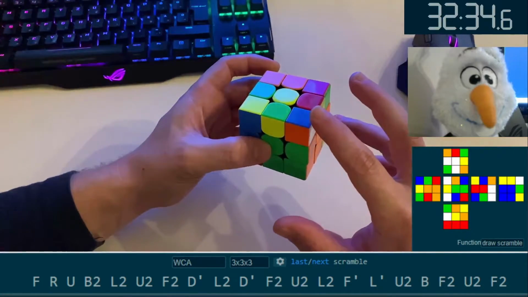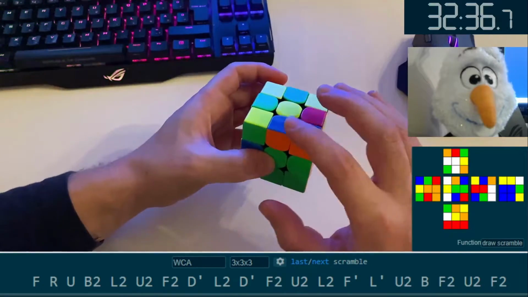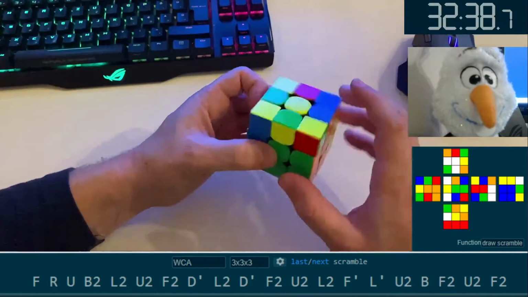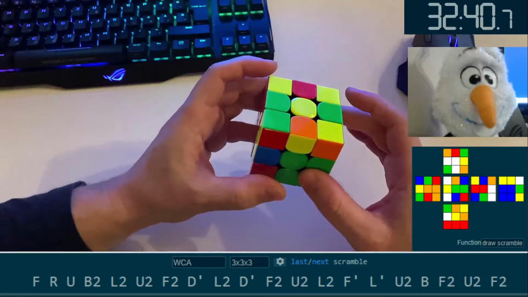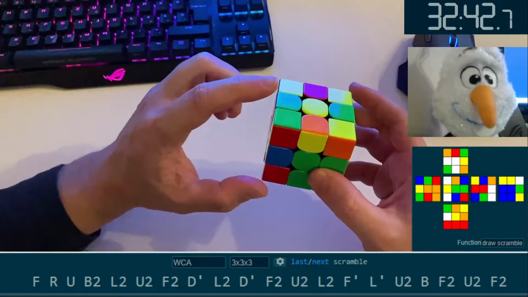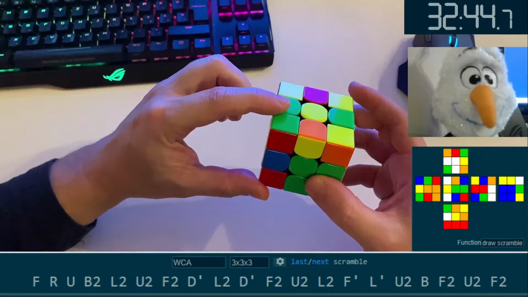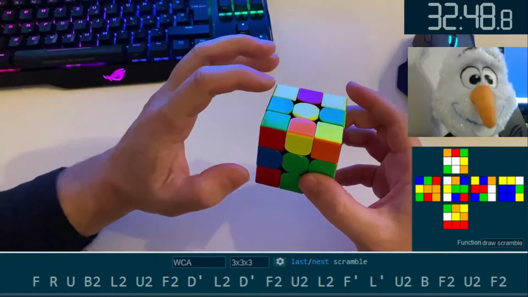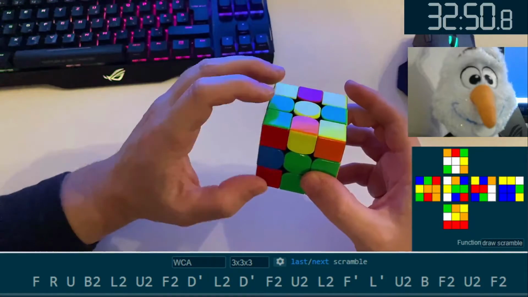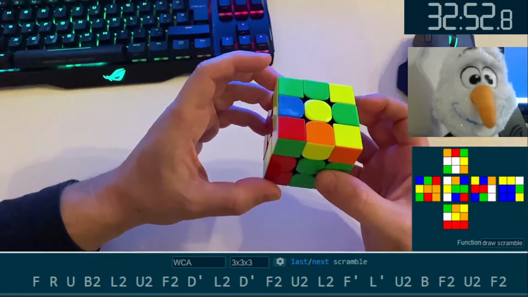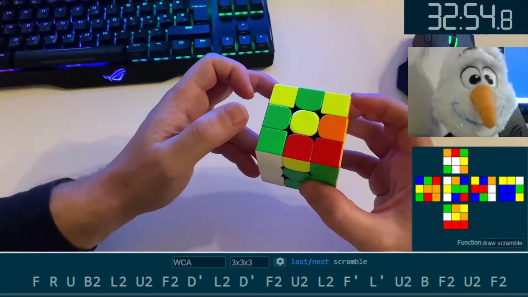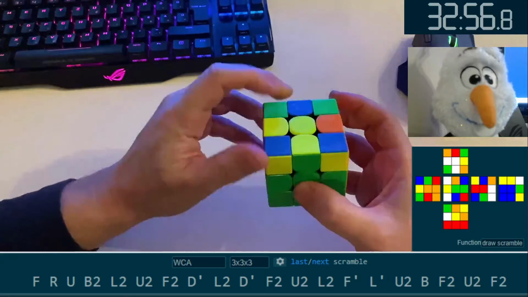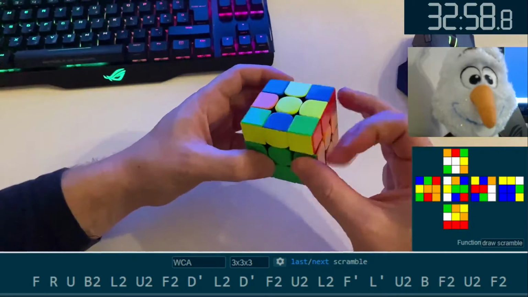If it's on this side, then we can pull the edge like this and insert it right away. That does not affect these two pair, the red green, because we can insert that from this position, just like this or like this, and then we have a nicer cross.